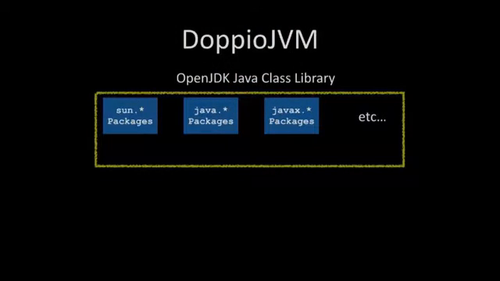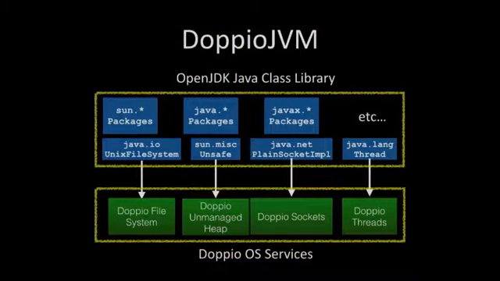So Doppio JVM uses an unmodified copy of the OpenJDK Java class library to provide the applications with all of the library support that they expect. And as I mentioned before, the various Java class library interfaces are mapped directly onto the Doppio operating system support.